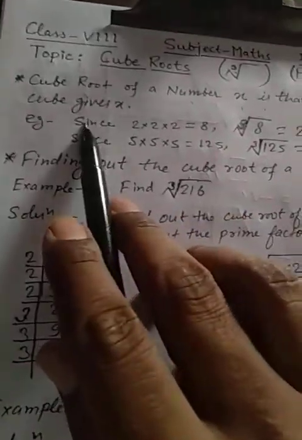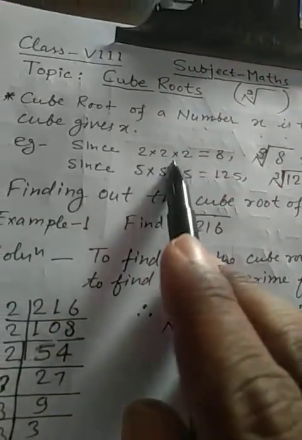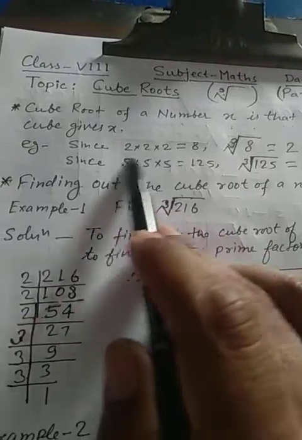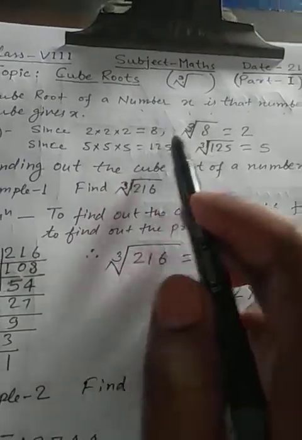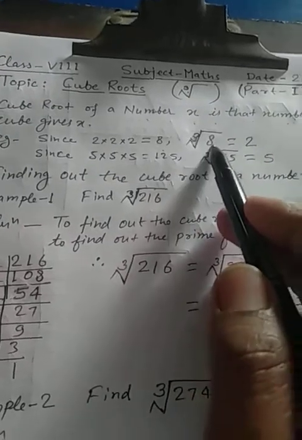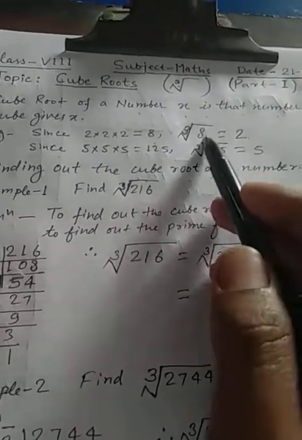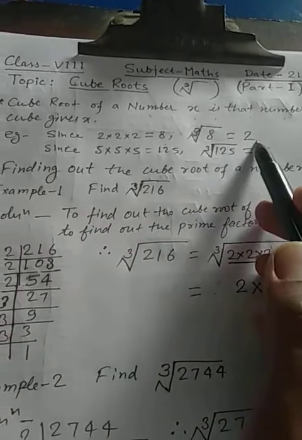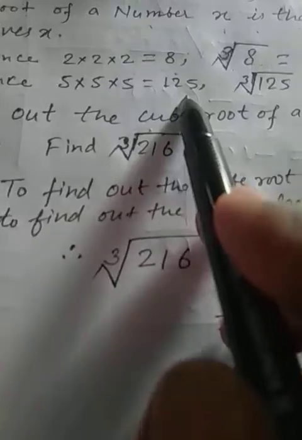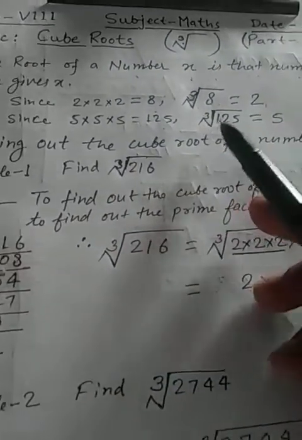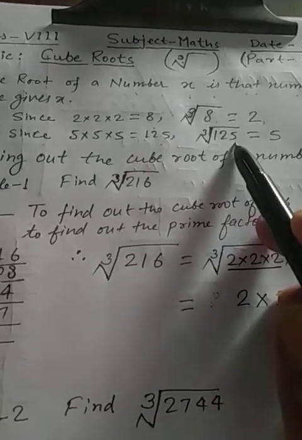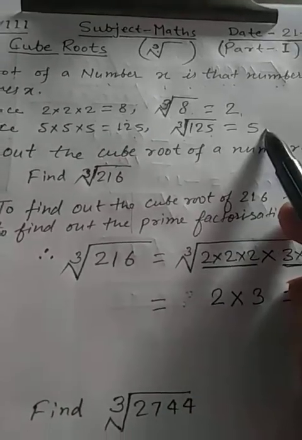For example, since 2 into 2 into 2 equals 8, the cube of 2 gives 8. So the cube root of 8 is 2. Since 5 into 5 into 5 gives 125, the cube root of 125 is 5.